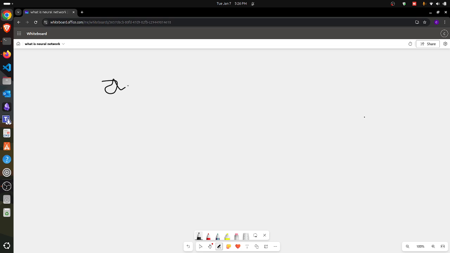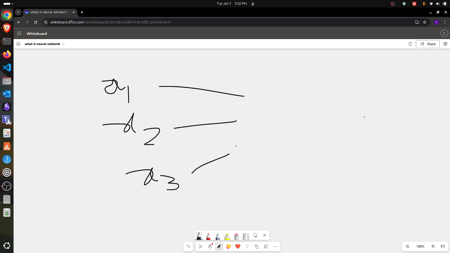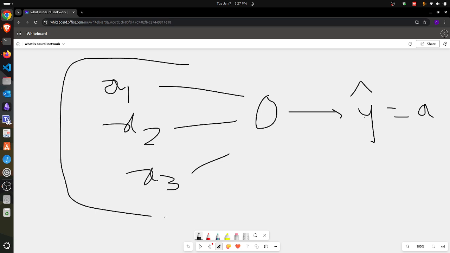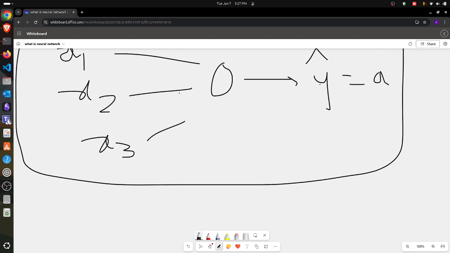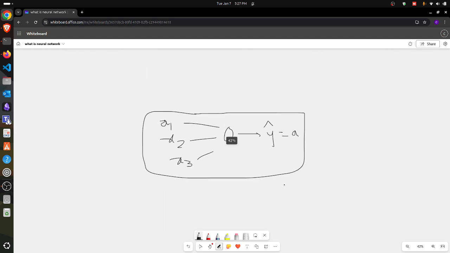So the normal neuron from the first video which we learned used to look something like this, and it's kind of like using a bunch of calculators, right? So a combination of a lot of these neurons is what we call a neural network.